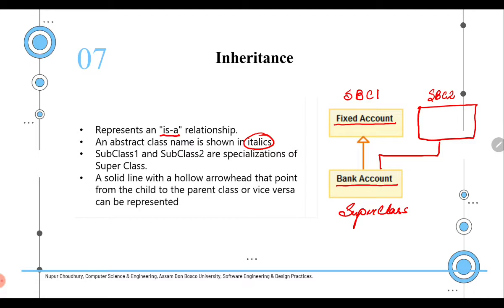So these are basically the specialized accounts or specialized classes. A solid line with a hollow arrowhead that points from child to parent or vice versa can be represented. So both the representations are correct, where you may either point an arrow from the child class to the parent class or from the parent class to the child class. But we have to understand that the arrowhead should be strictly hollow in nature. So this is inheritance, where most of the attributes will be inherited by the subclasses from the superclass.